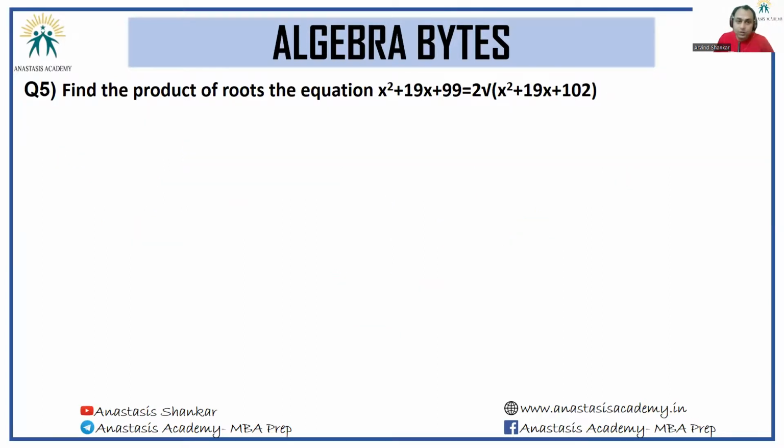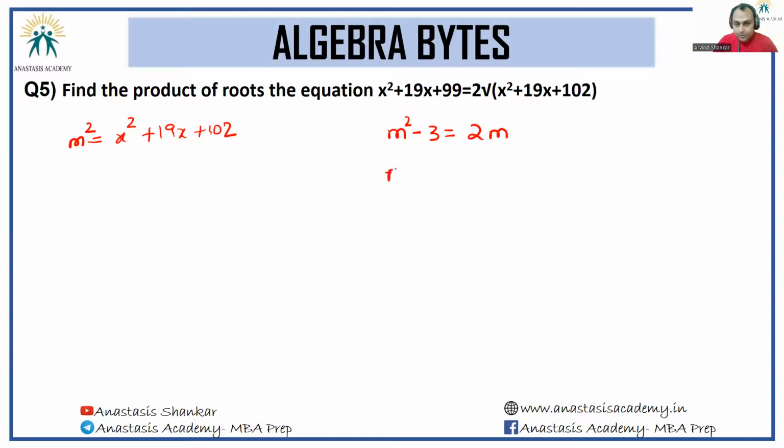Okay. Next, find the product of the roots of the equation x square plus 19x plus 99 is equal to 2 times under root x square plus 19x plus 102. The first step here has to be whatever portion is under root, let us take that as m square. Let's say m square was equal to x square plus 19x plus 102. What that would do is the equation will now change to m square minus 3 is equal to 2m.